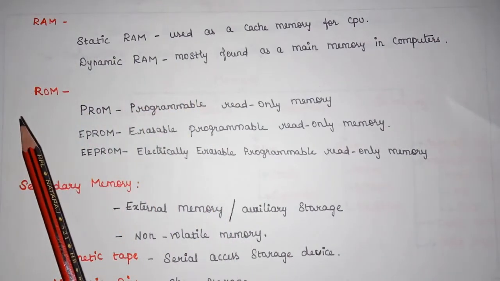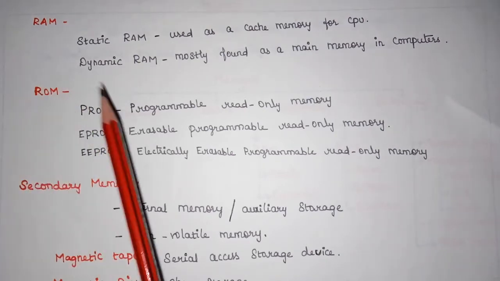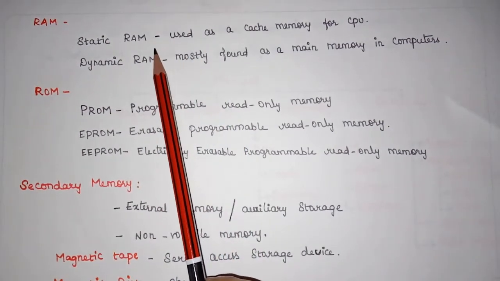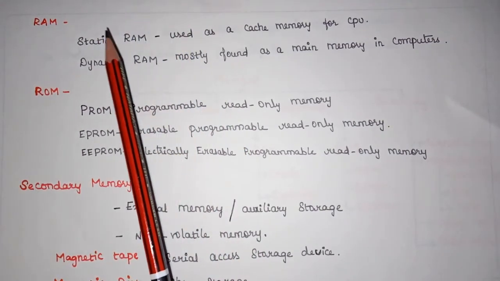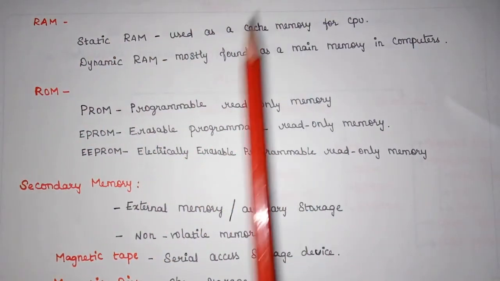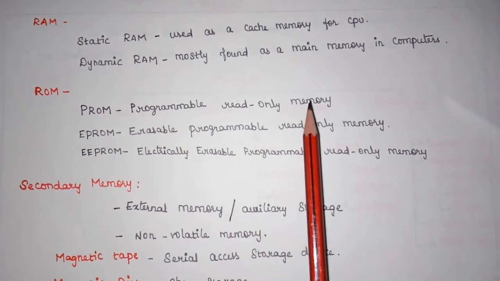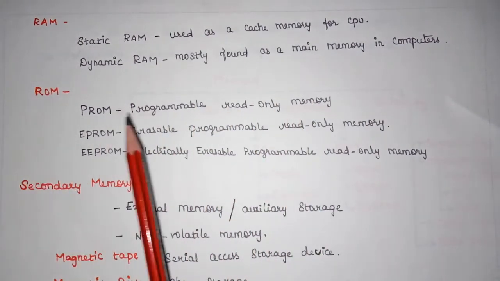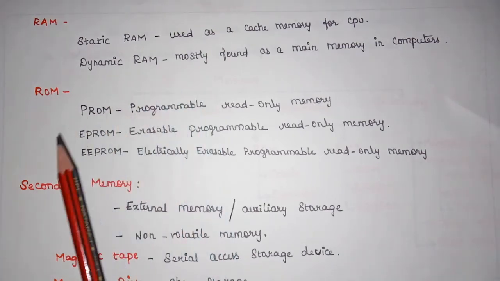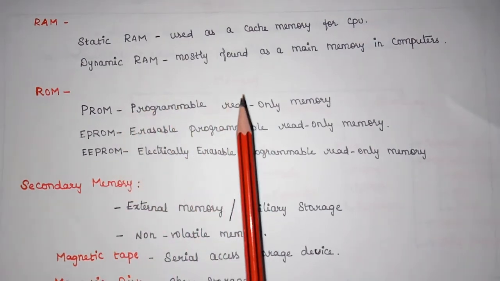Whatever information is present inside the ROM will not get lost when the power supply is switched off, but that is not the case in RAM, where the data does not exist when the power is off. That is why we call ROM a permanent type of memory. The information of ROM is actually decided by the computer manufacturer.